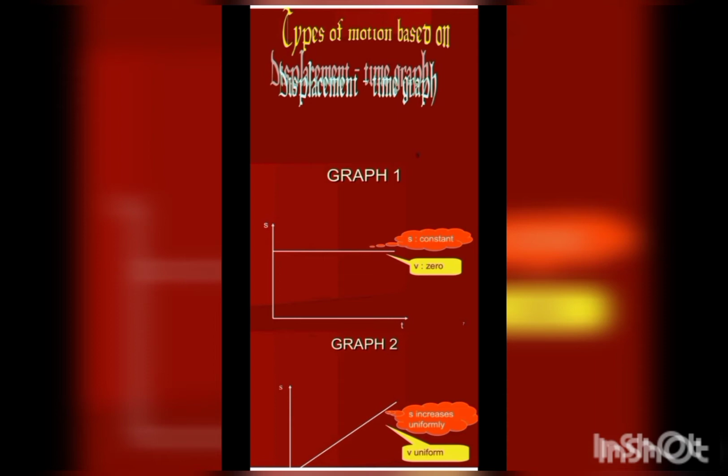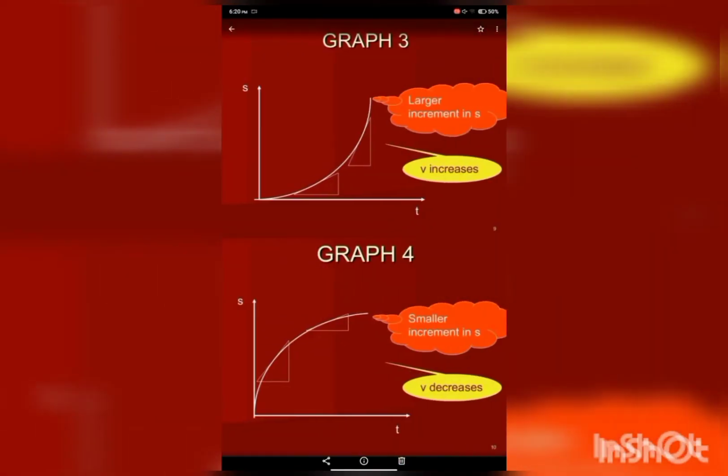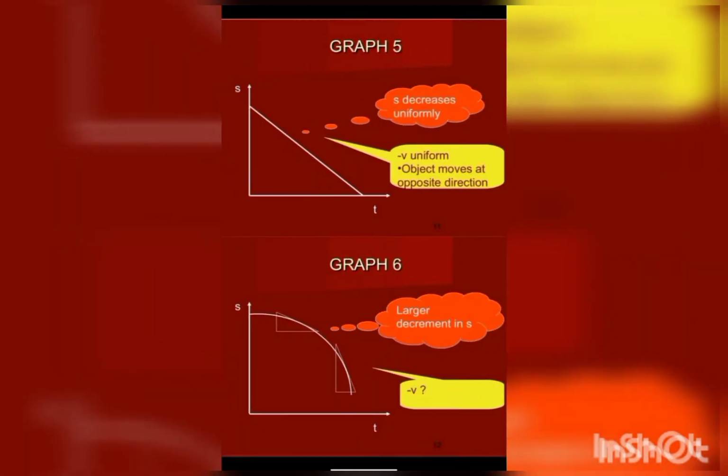So the graph will be a straight line. If v increases rapidly, then there is a larger increment in displacement, and if velocity decreases, the smaller increment in displacement. If velocity decreases uniformly, then s decreases uniformly and the object moves in the opposite direction.